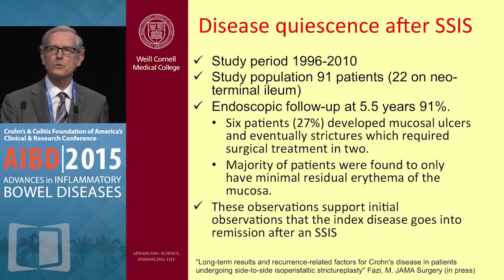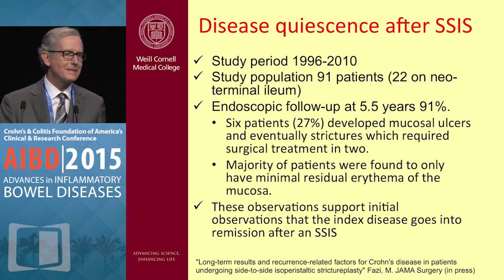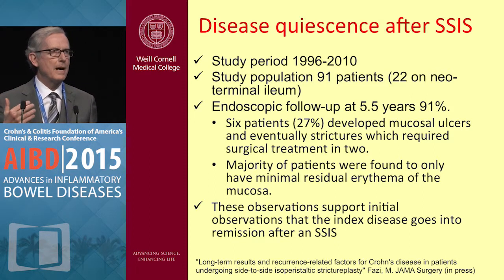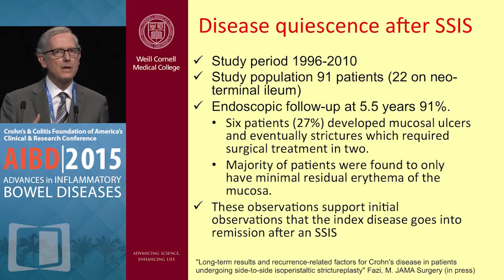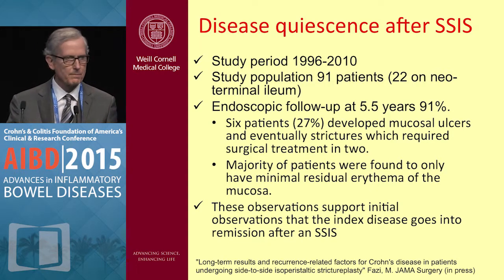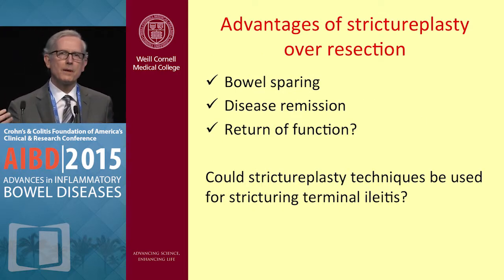Out of those 22 patients, 6 had recurrent disease, but the remaining 16 were found to only have minimal residual erythema of the mucosa up to 5 years, supporting our initial observation that the index disease goes into remission after a side-to-side strictureplasty. So there is an accumulation of data to suggest that strictureplasties have a protective effect against recurrence. Not only are they bowel sparing, but now we know that most likely they induce disease remission.